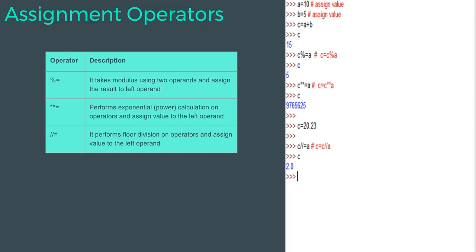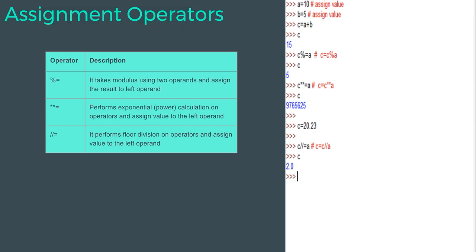Now let's take c is equal to 20.23 for the floor division operator. c is equal to c floor division of a. Here c is equal to 20.23 divided by 10. The answer will be 2. The floor operation will happen.